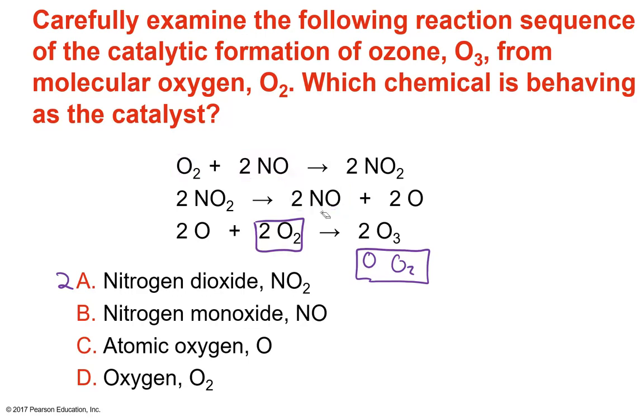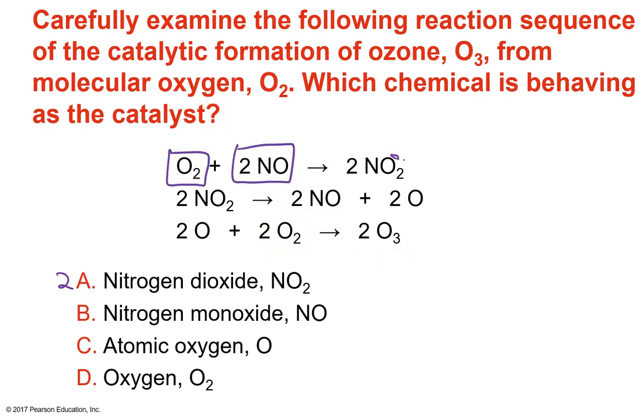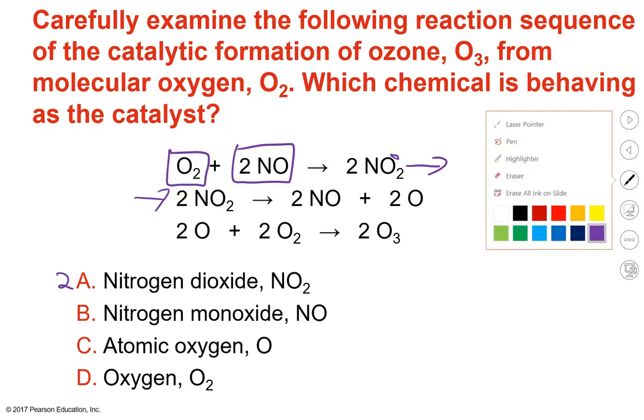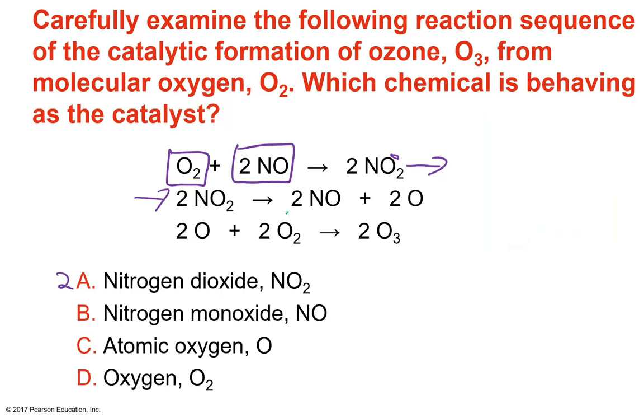So let me color code things so it's clear. We start with this and this. We produce this, which just continues here, and it produces 2NO and 2O. But then the 2 O's go on to here, and we add in more O2 now.